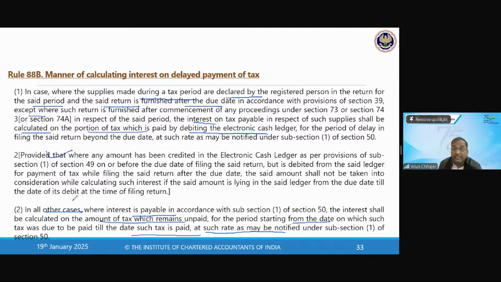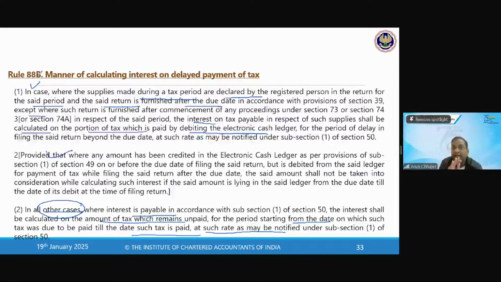Now, what is covered in the 88B subrule 2? Suppose you are declaring the liability of a prior period. 88B1 would be applicable if you are filing the return after the due date and in the return you are declaring the liability of the same tax period.